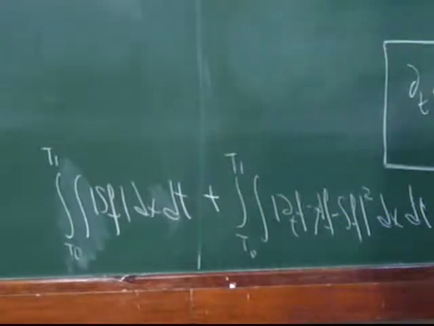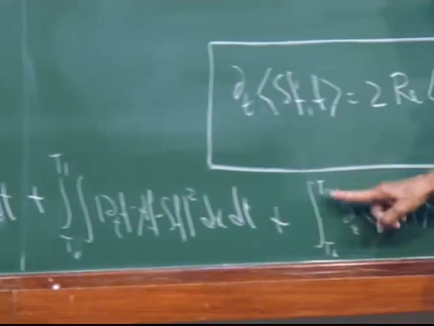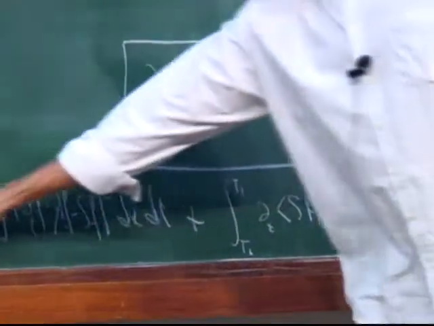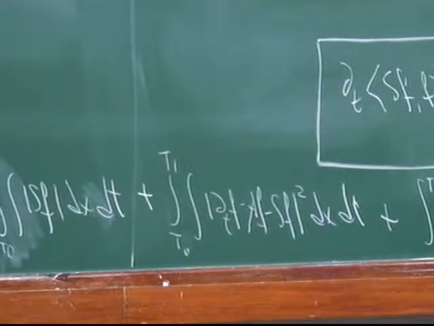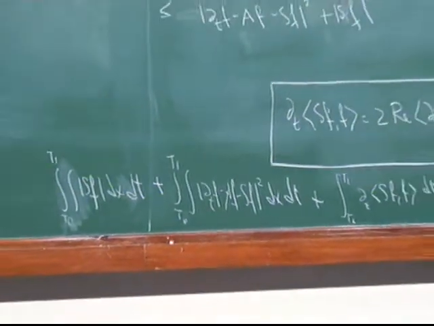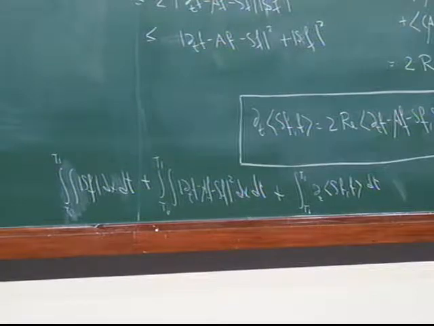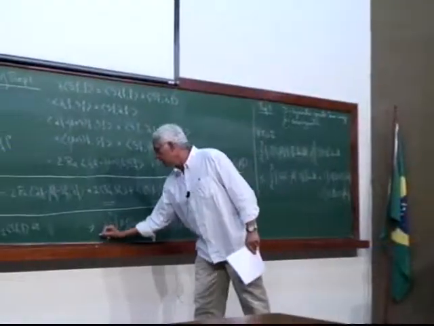Okay. You bound this part by the absolute value of the evaluation in T1. You cancel one of these with these two that you have here, and you finish with what you want to prove. Right? These two cancel this one.